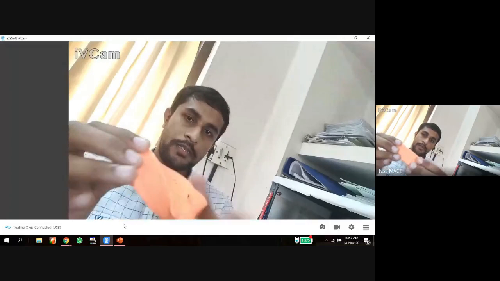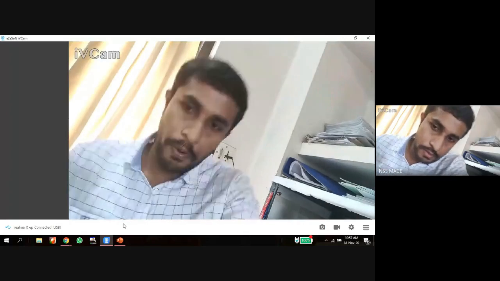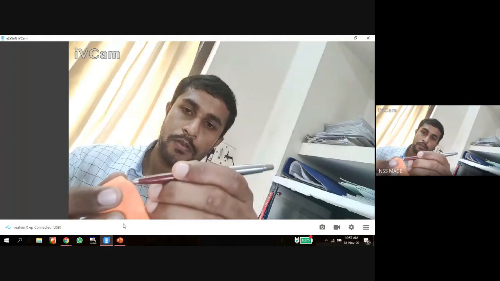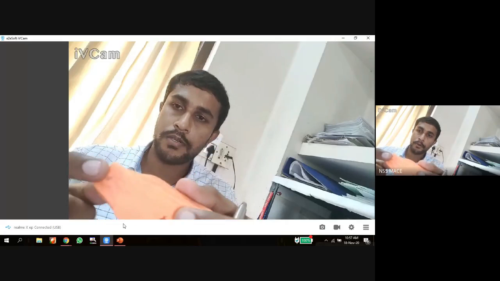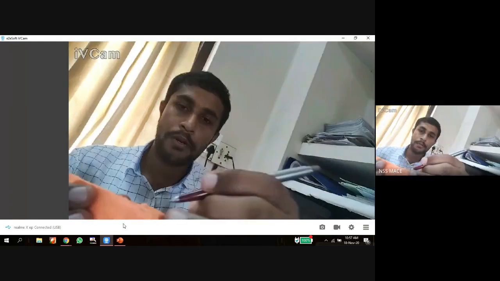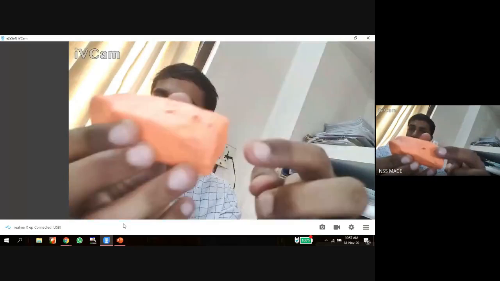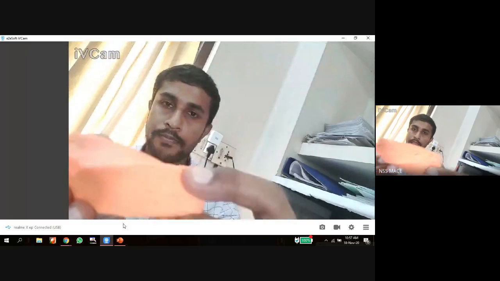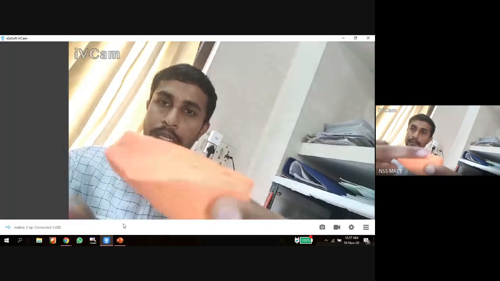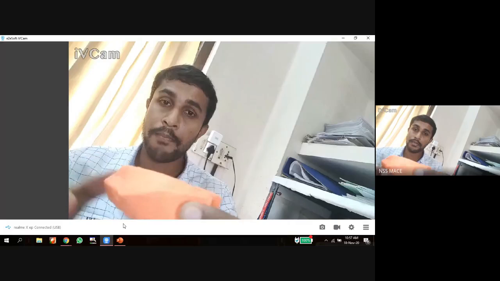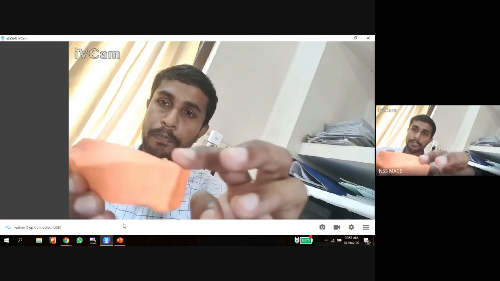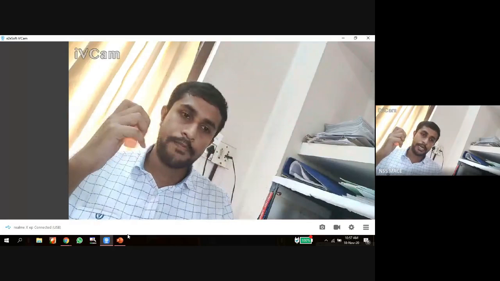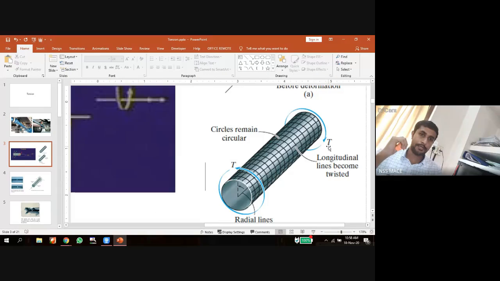If you draw two points here, on the same line, after rotation we can see they are not in the same line. This point is rotated by an angle with respect to this one. So that is twisting of the shaft when subjected to torque.